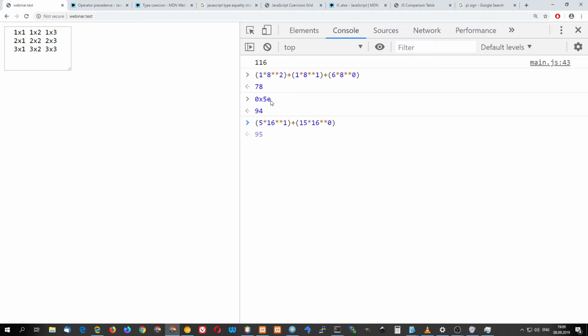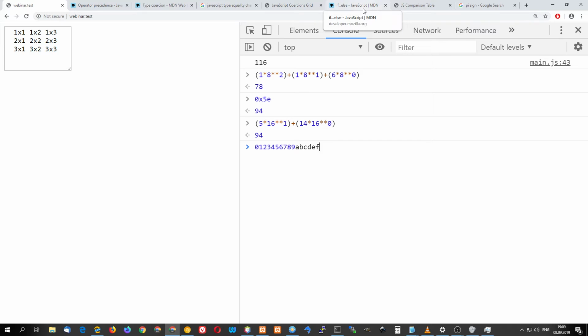Oh, it's up to F, of course, I forgot. From 0 to F. 10, 11, 12, 13, 14, 15. I got confused by myself, so this is how you can see data represented in a computer.